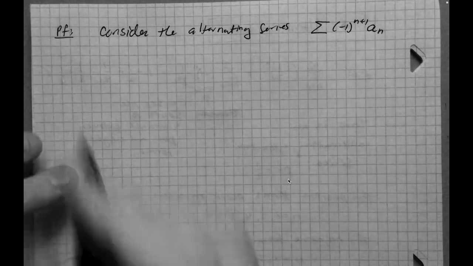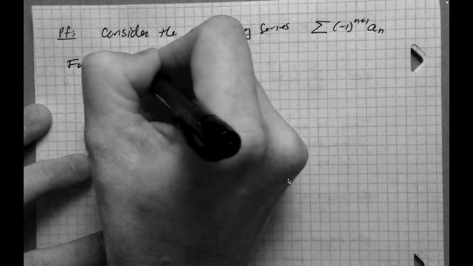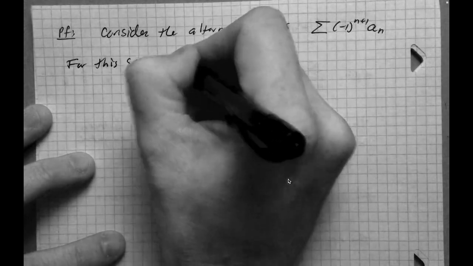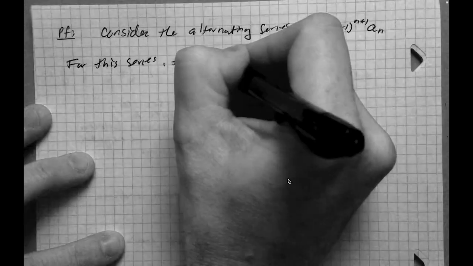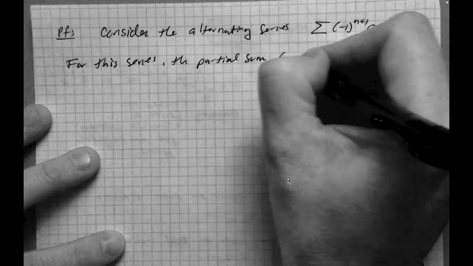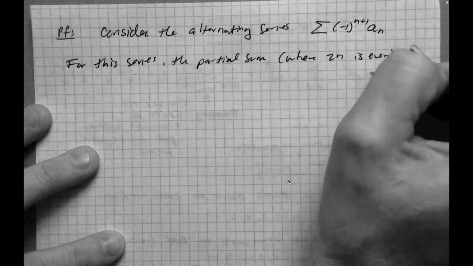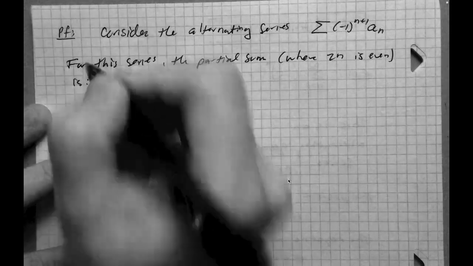Okay, so for this series, the partial sum, where 2n is even, you can write it like this.